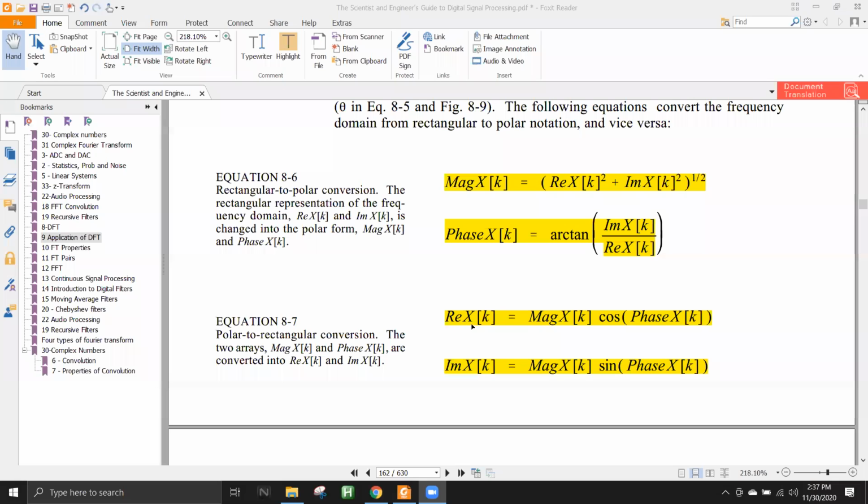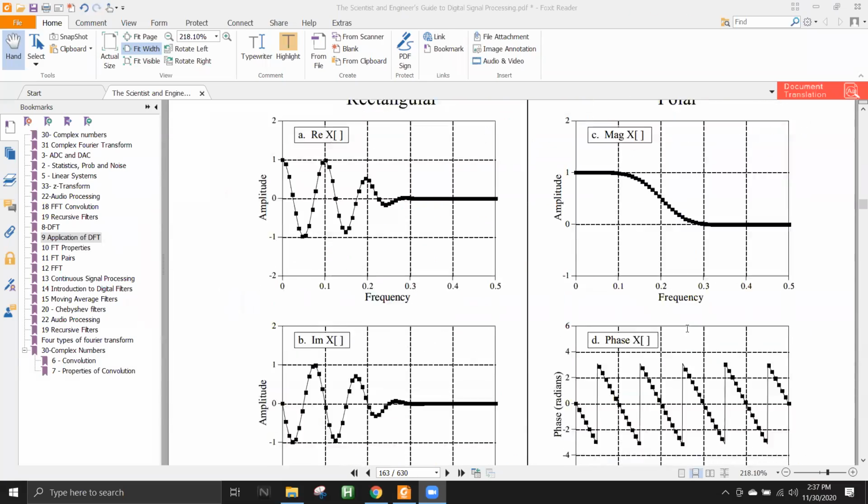Also when you're converting from magnitude and phase to ReX and ImX, the phase that you're using in cos should not be considered as degrees. It should be considered as radians. If it is in degrees, it should be converted to radians. This needs to be remembered.